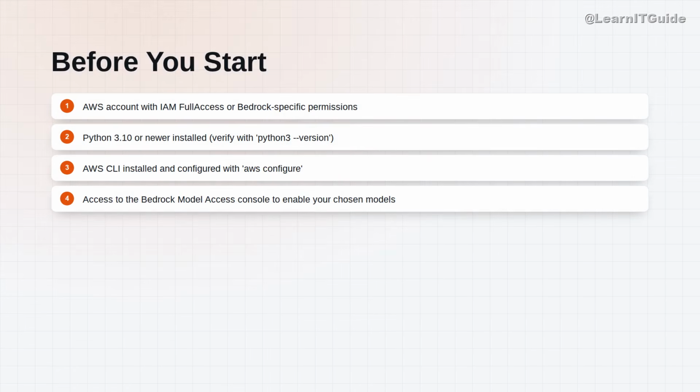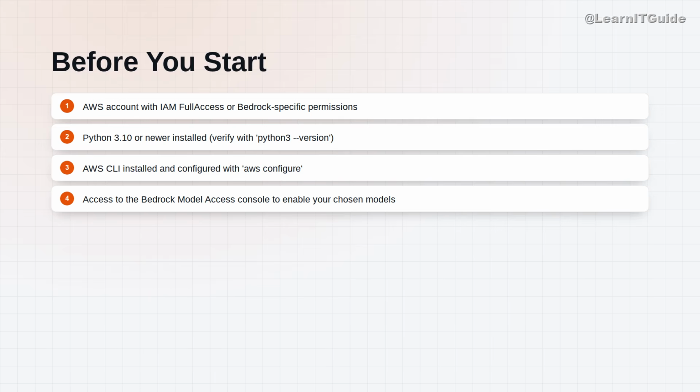Before we write a single line of code, you need a few things set up. First, you need an active AWS account with appropriate IAM permissions. Do not use the root user for this. Second, ensure you have a recent version of Python installed. Third, your AWS CLI must be configured with valid credentials.